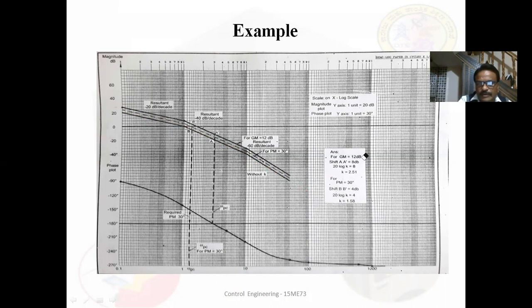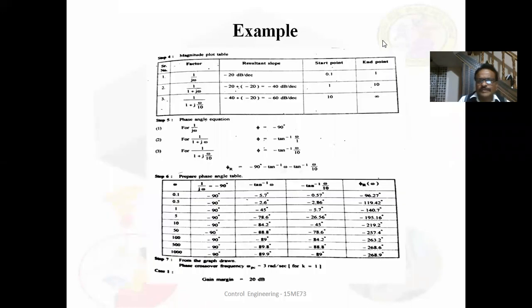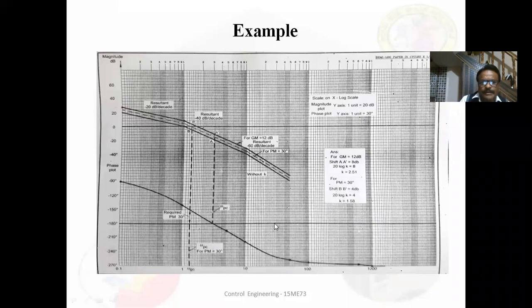Phase angle plot. Now you can see this is the omega value, and these are the corresponding resultant phase angles. Now you draw a minus 180-degree line here. Then plot the omega values for the corresponding phase angles.